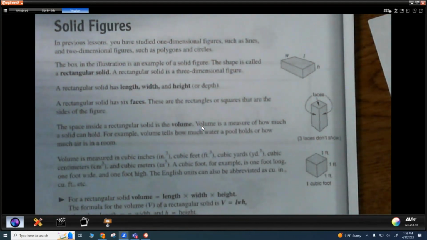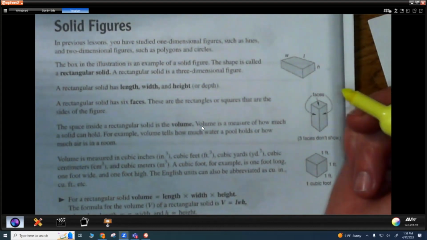Hopefully everyone's feeling good about how we started in this one dimension, points and lines. Then we began to connect lines to create 2-dimensional features like polygons and circles. And by adding this third dimension, we've created a 3-dimensional figure.